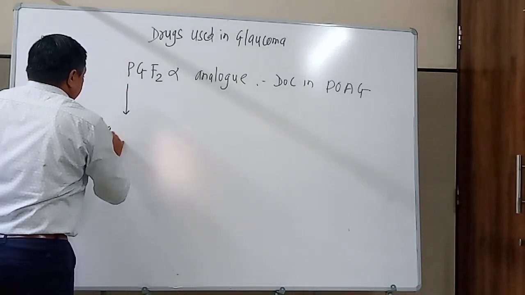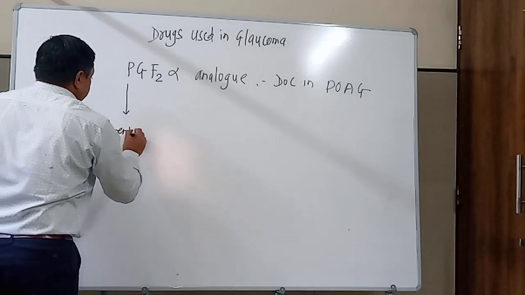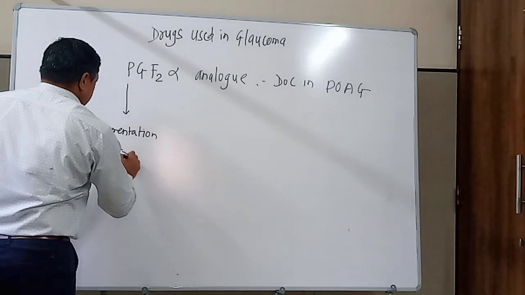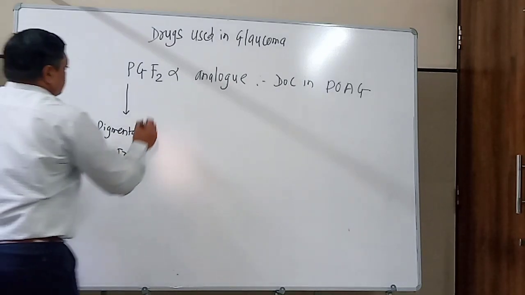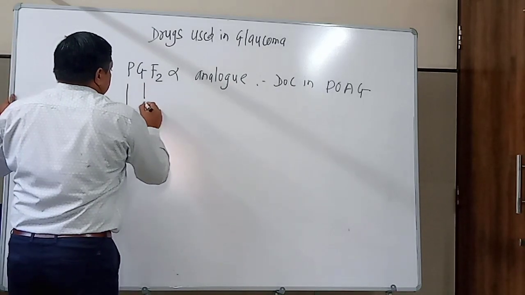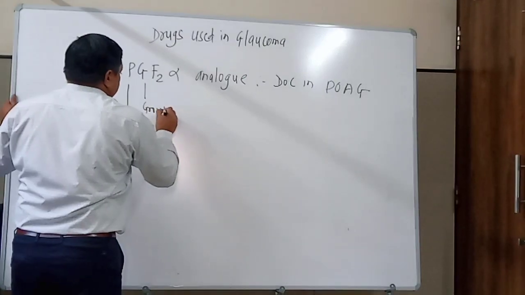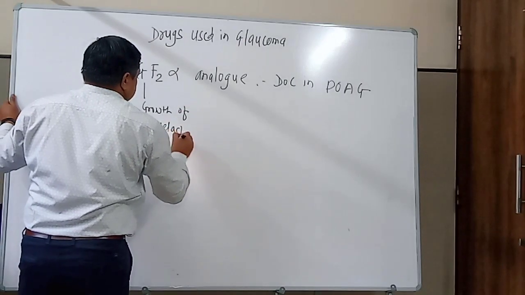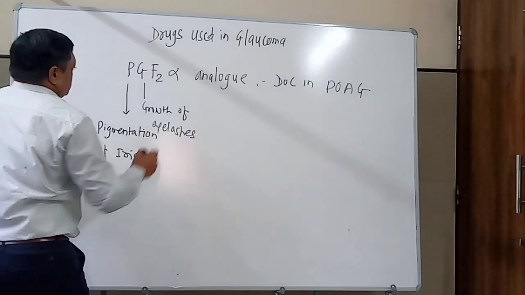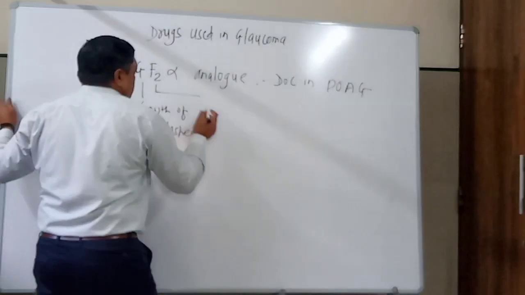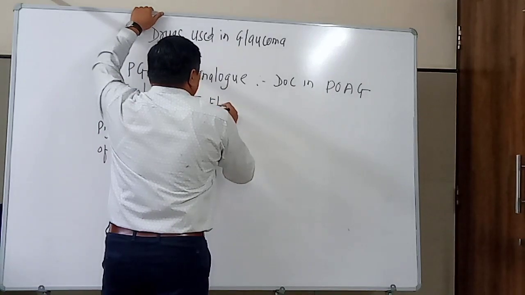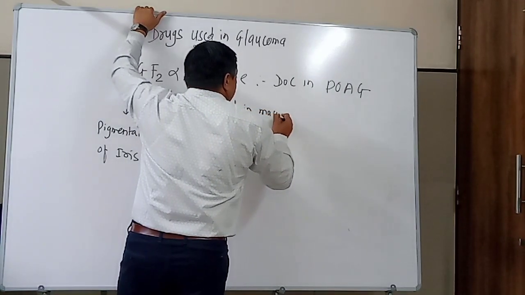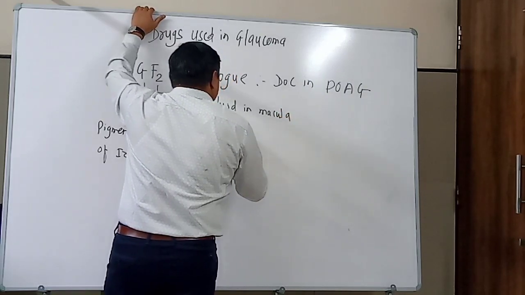P for pigmentation of iris, G for growth of eyelashes, F for fluid in macula, that is macular edema.